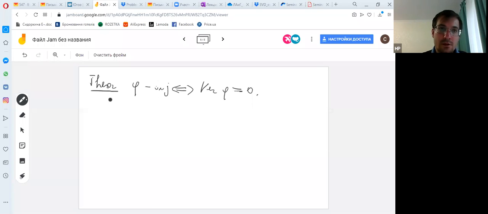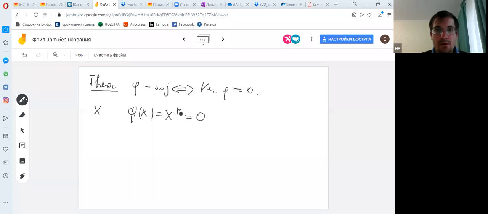So the kernel is the pre-image of 0. So we need to check for which x we have phi of x, which equals x to the power p, equal to 0. But in a field you have no zero divisors, and so you have no nilpotents.